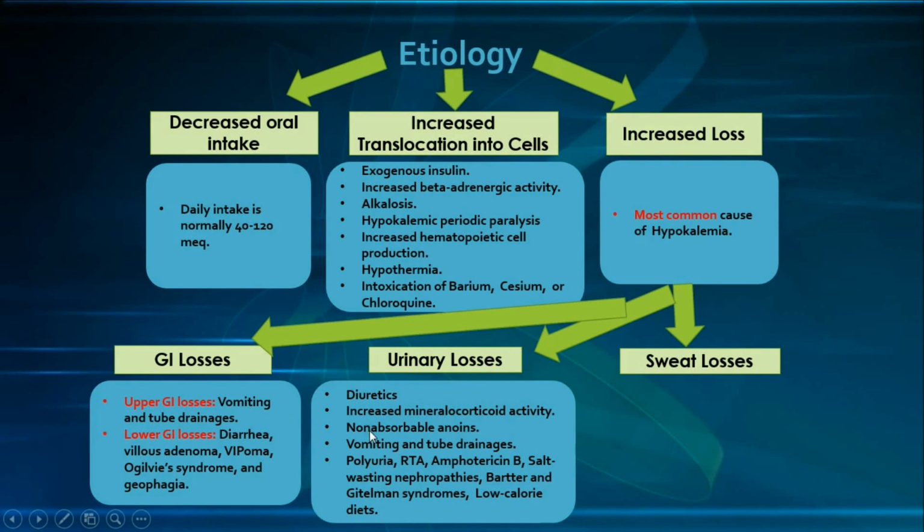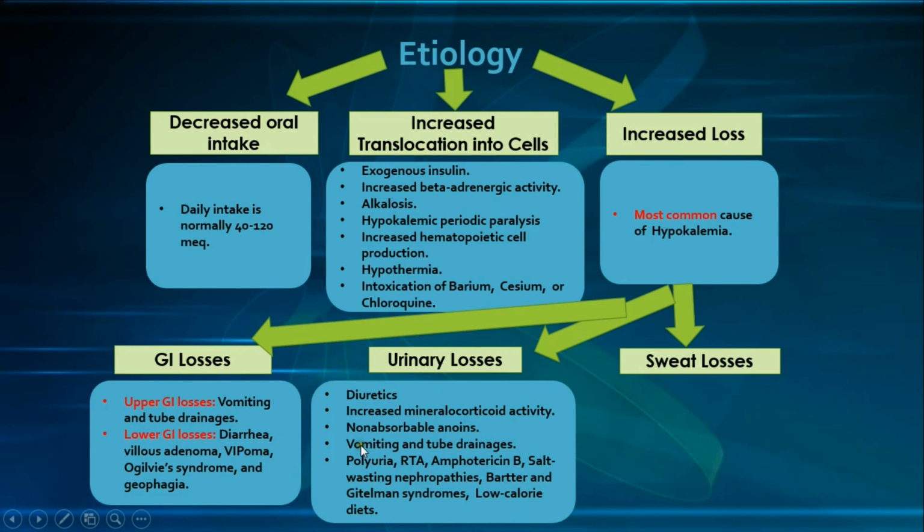The third is non-absorbable anions, and these include bicarbonate as in vomiting, beta-hydroxybutyrate as in diabetic ketoacidosis, or penicillin administration. Since these anions are non-absorbable, they will maintain a negative electrical potential in the lumen, and that's why when the filtrate reaches the distal end of the nephron, there will be even more potassium exchange for sodium because you have a more negative gradient across the membrane, and therefore you have more potassium loss.